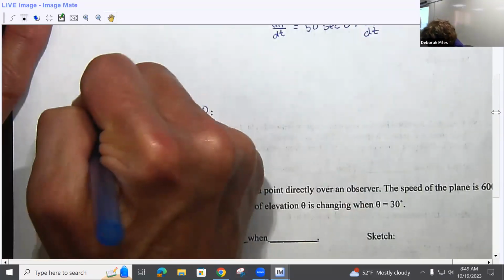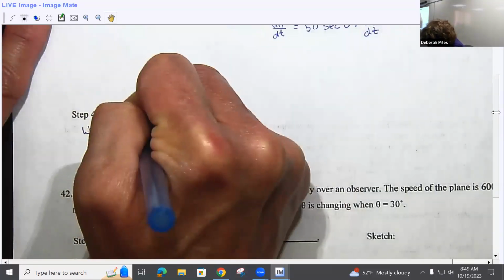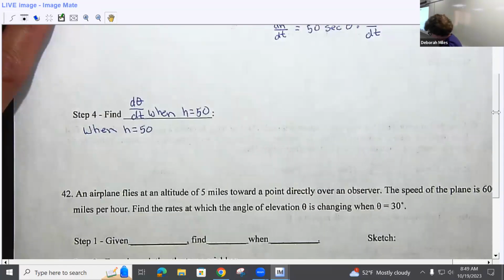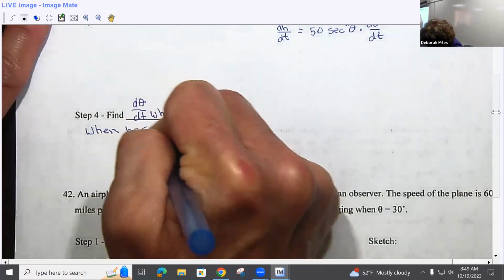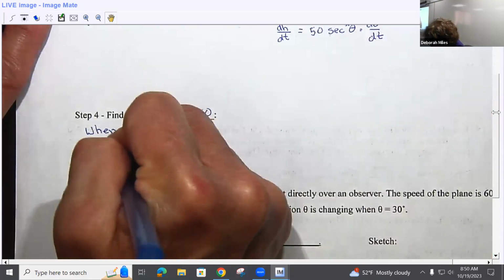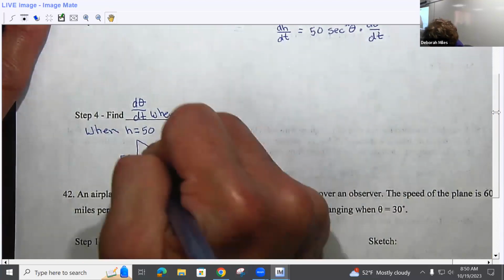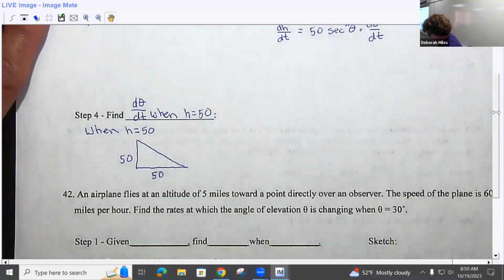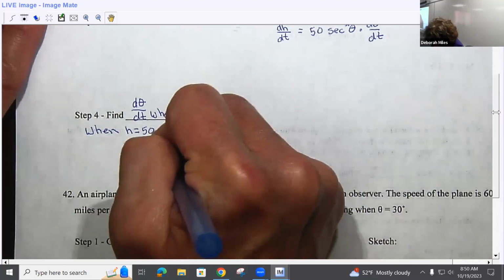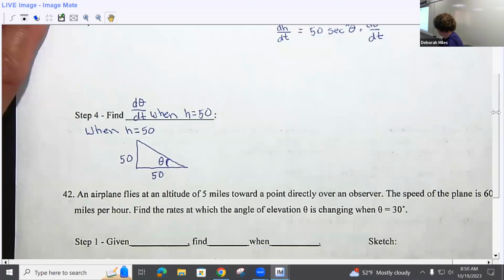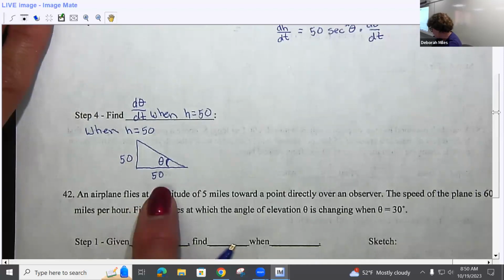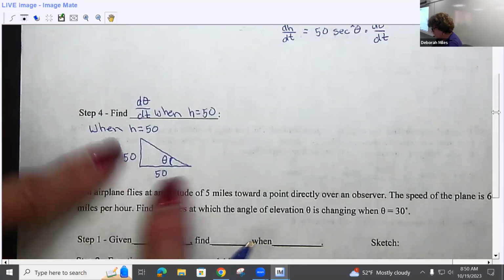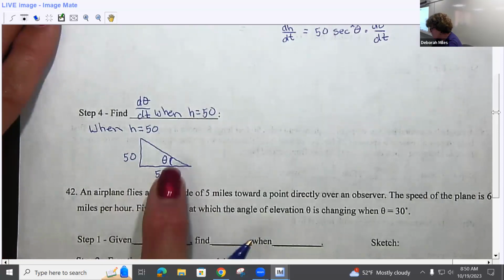I can say when h is 50, then this triangle becomes, that height is 50, this distance is always 50, and there's my theta. It doesn't look like it on my paper, but these two are supposed to be the same. What can you tell me about theta?